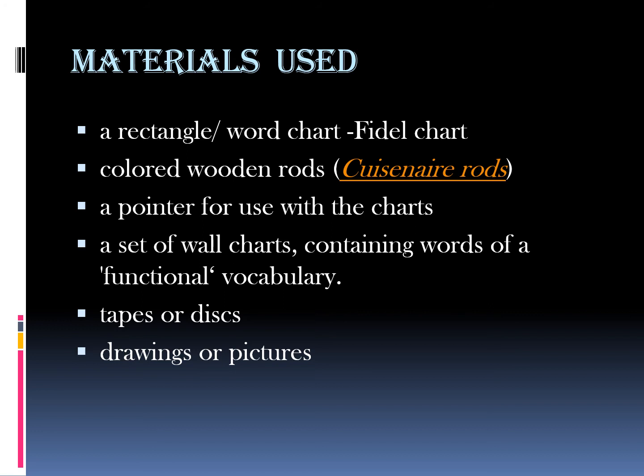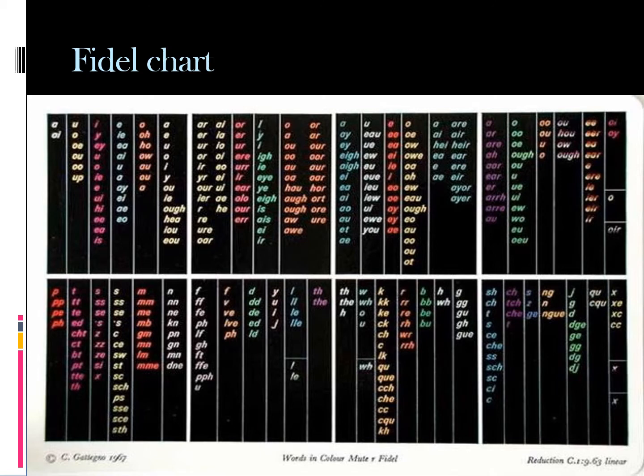These are some of the basic materials commonly used by the facilitator to engage the student in this kind of learning. Here I have included a Fidel chart and the rods, just for your understanding. This is what a Fidel chart looks like.